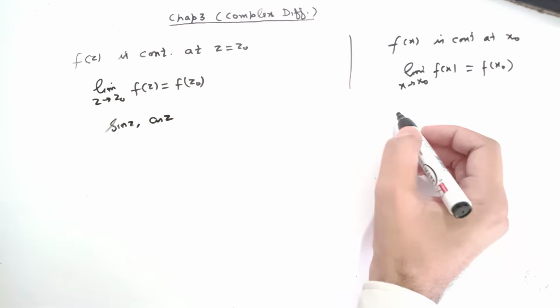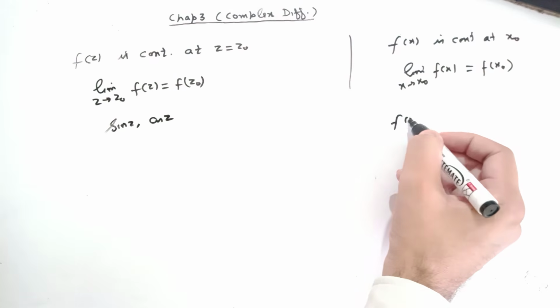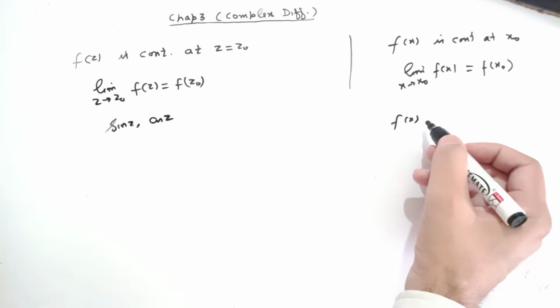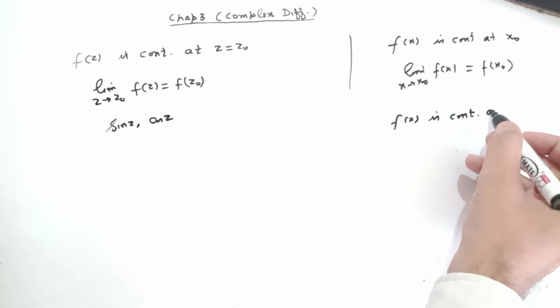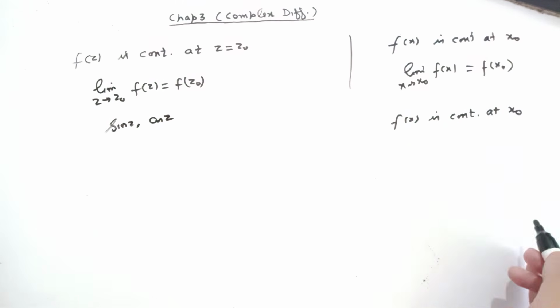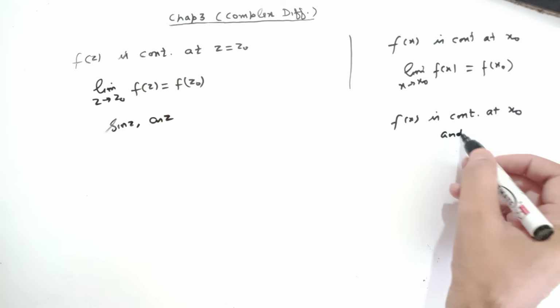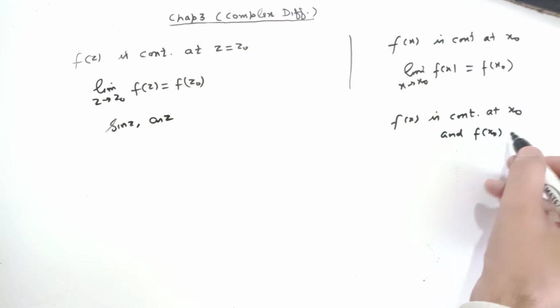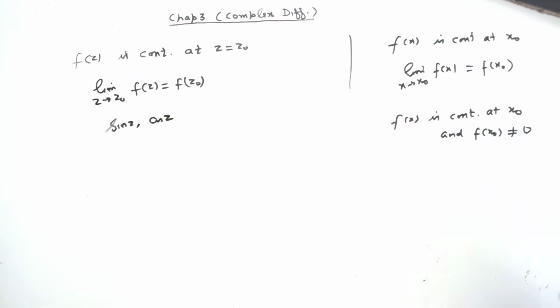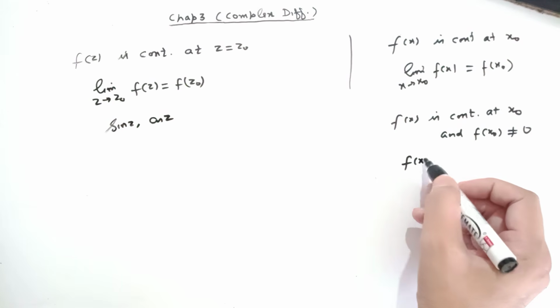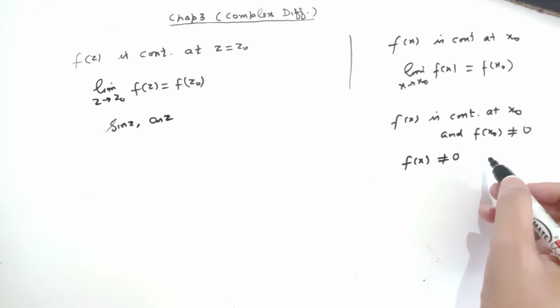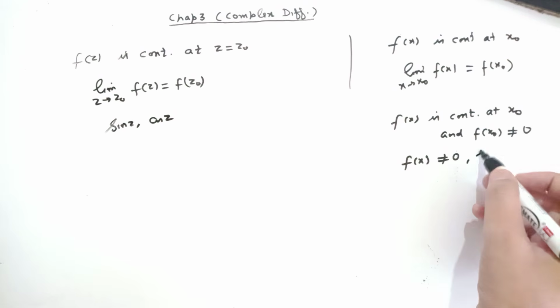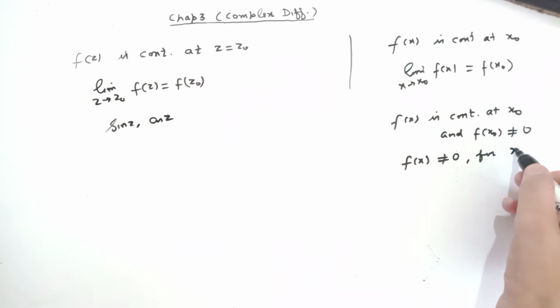Now there is an interesting property in reals. If f(x) is continuous at some point x0 and f(x0) is non-zero, then f(x) remains non-zero in some neighborhood of x0, for say x0 minus delta to x0 plus delta.